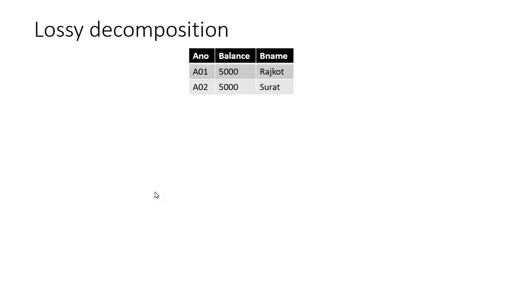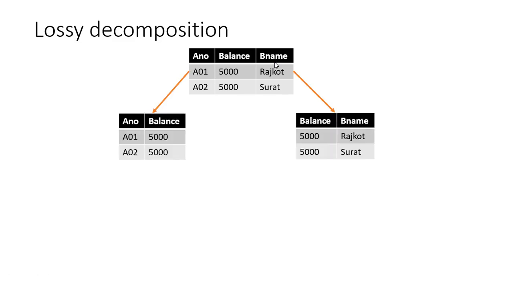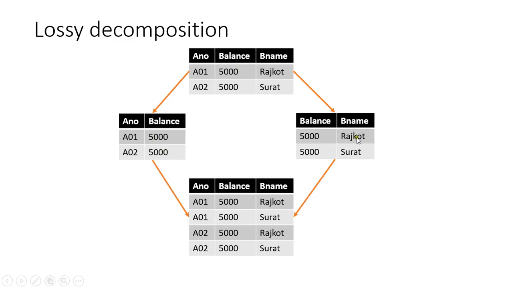Let's try to understand with an example. One schema is given with account number, balance and branch name. If we split the table into account number and balance, and account number and branch name... if we perform the join on these two tables after decomposition, we will get the following data.